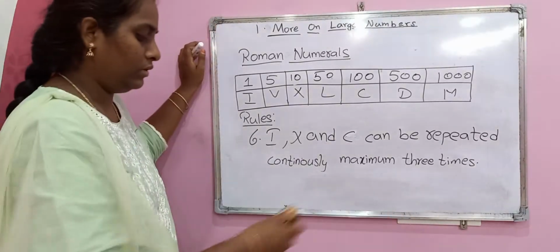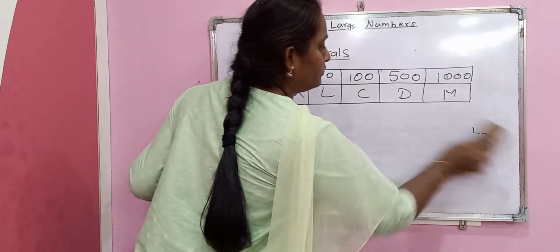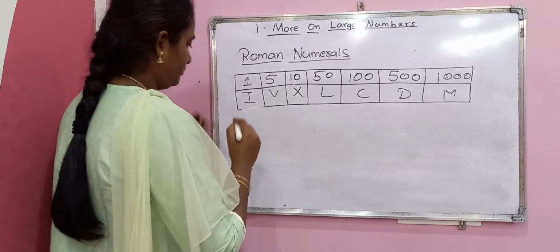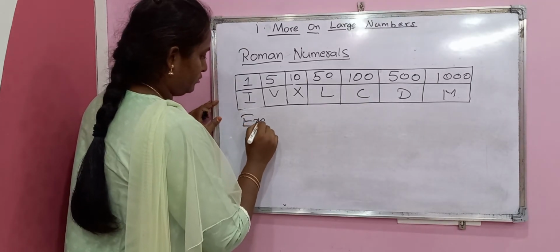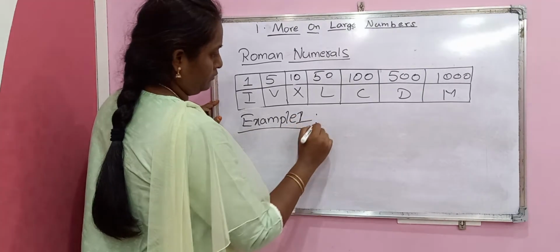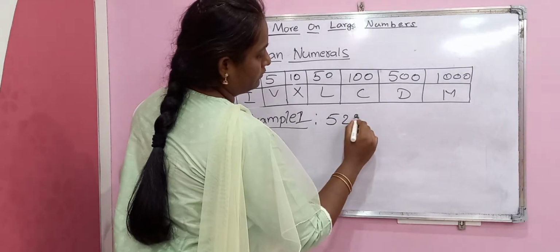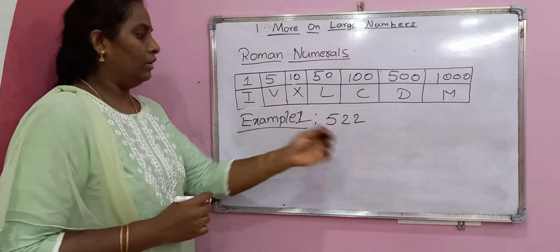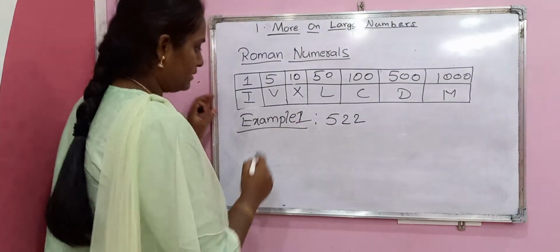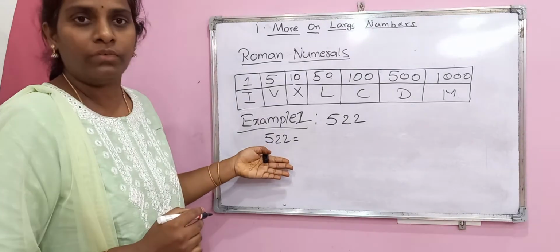Now we'll explain an example. How to write this number into a Roman numeral? First, write the expanded form of this number.